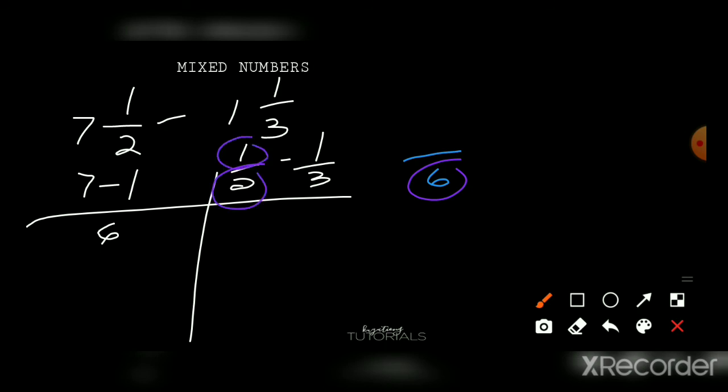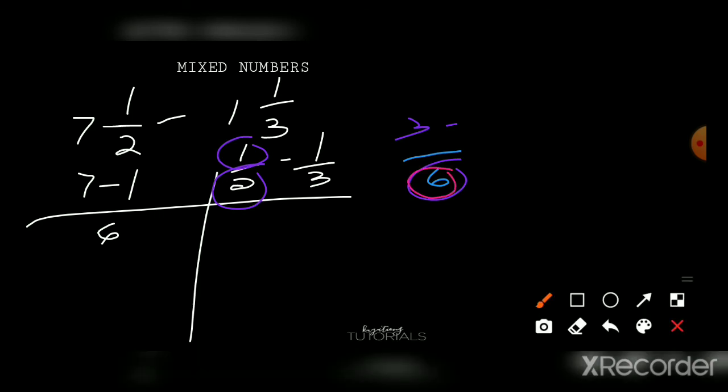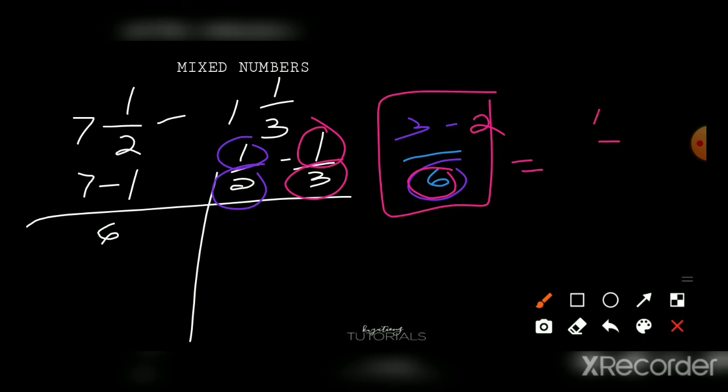Times 1 is 3 pod. Minus. Sunod, 6 divided by 3, 2. Times 1, 2. So 3 minus 2. So pwede na sila i-minus. This is 1/6.